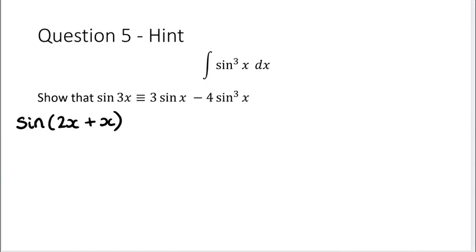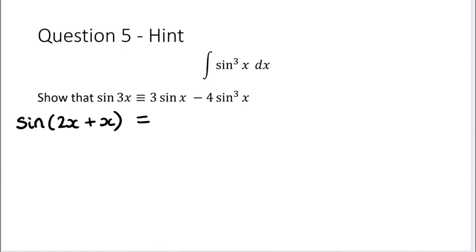So I can rewrite sine 2x plus x using the result in the formula book that sine of a plus b is sine a cos b plus sine b cos a. Okay, that result is in the formula book.